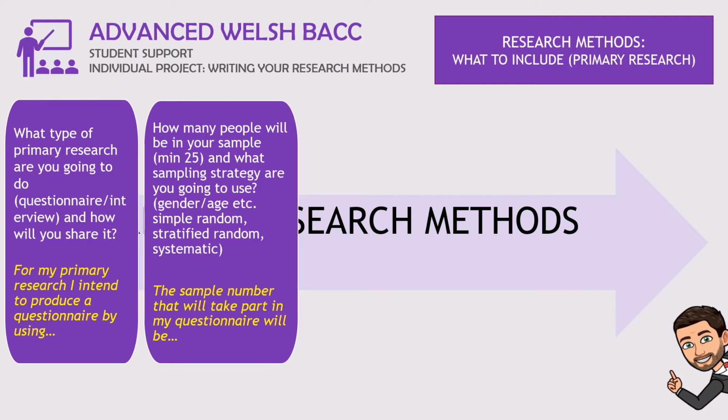And it might be that in your research methods, you're just saying why you didn't pick the systematic sampling approach for your research. So an example of a sentence starter: the sample number that will take part in my questionnaire will be, state, and then obviously explain why that's the number, why you felt that that was enough to get the best information and data from your primary research.